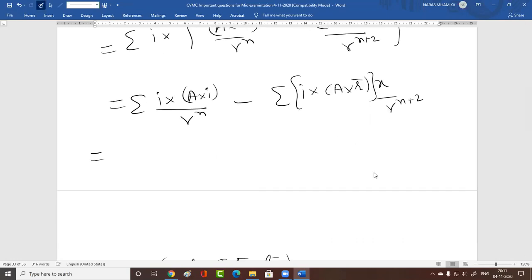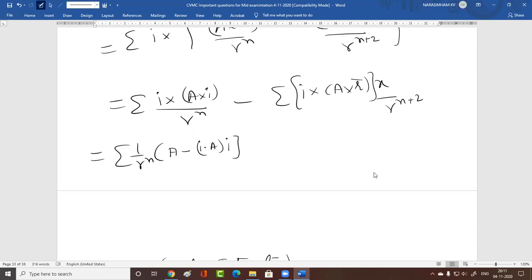Sigma 1 by R power n into i dot i, 1 into A, minus i dot A into i. Okay, I will explain later this meaning. So i dot i is 1 into i dot A into i.